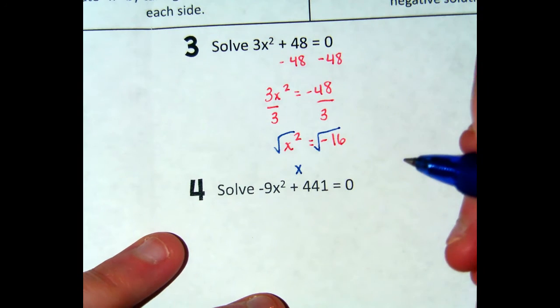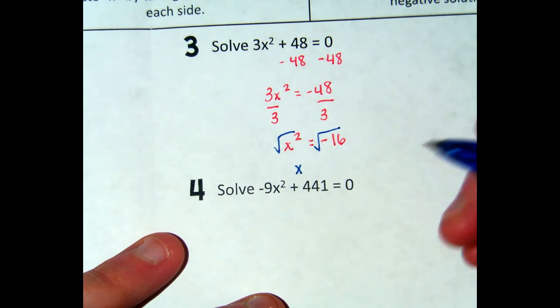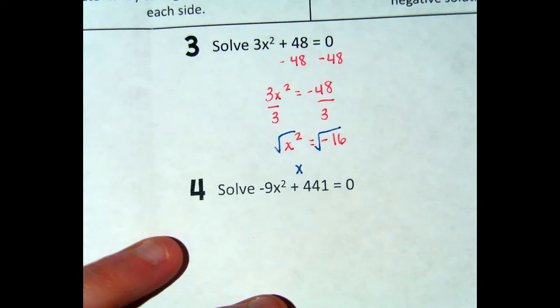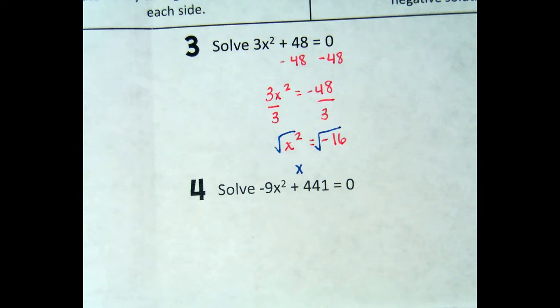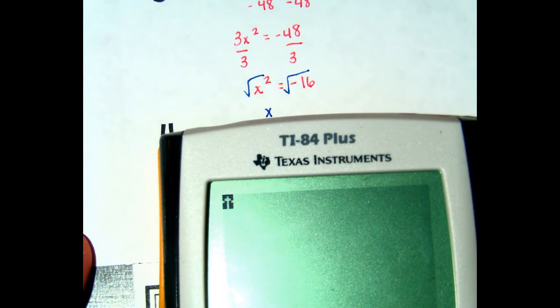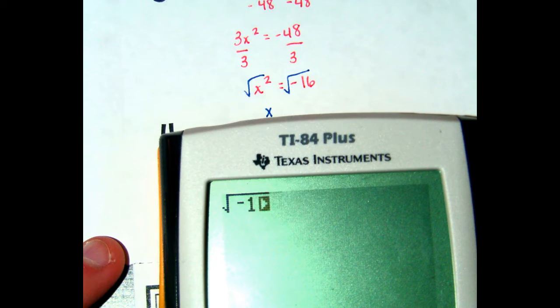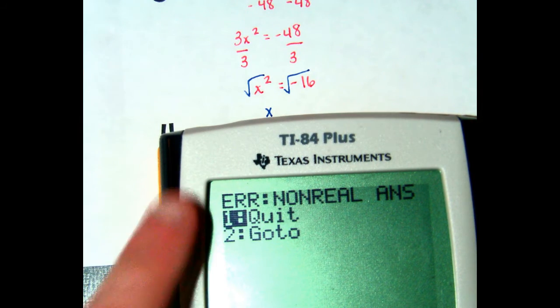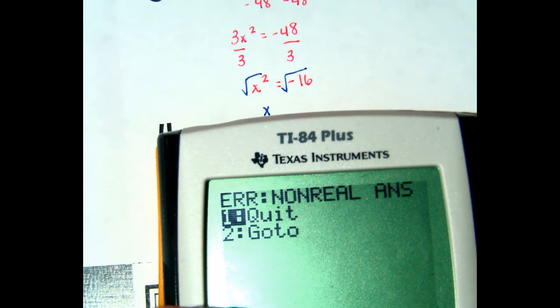Did anybody type that in because they didn't know what the answer to square root of negative 16 was? I want you to type it in there. It says error. And what does the error say? Because the error actually will tell you what's going on. It says non-real answer.